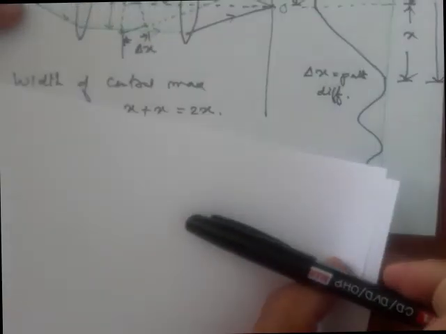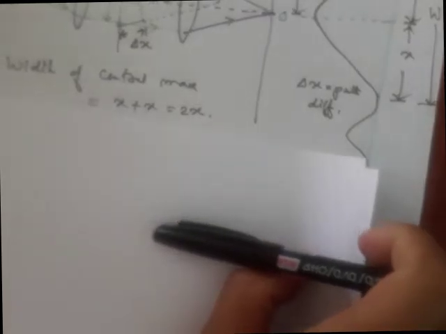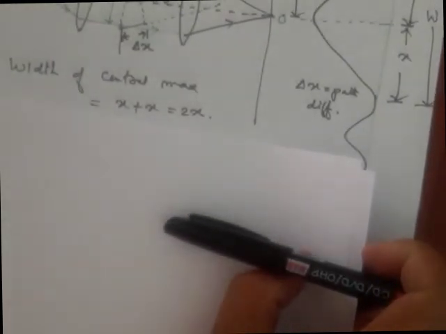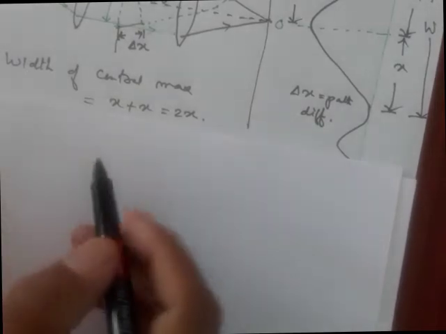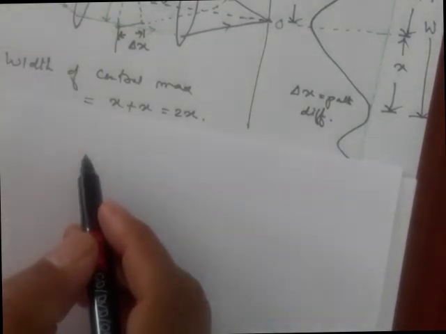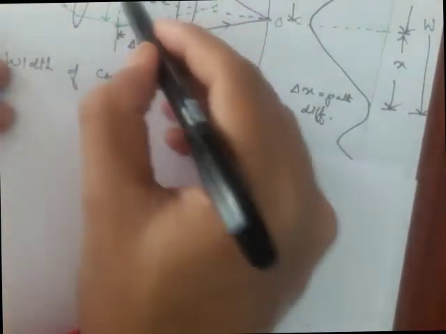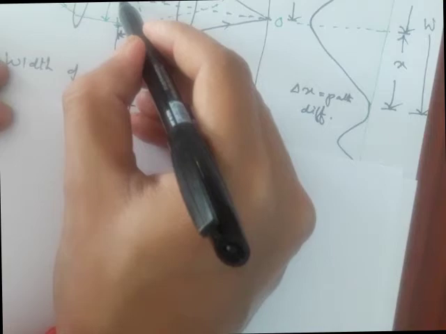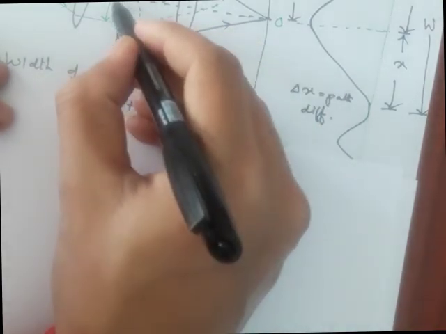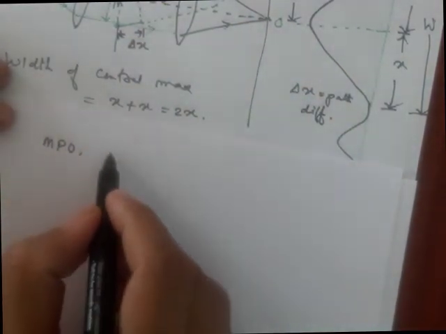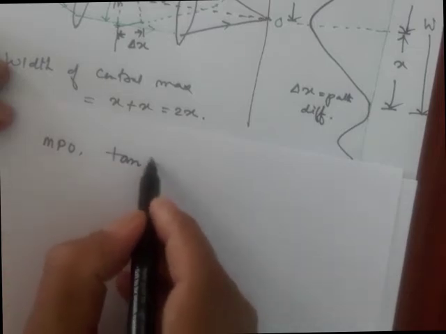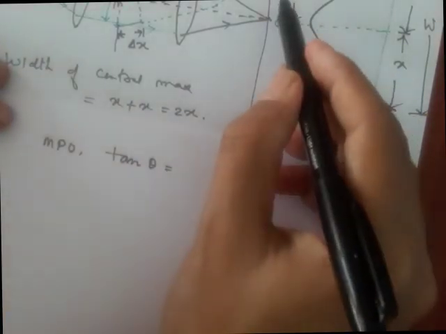We'll be referring to the figure one more time. Coming to the figure again, we have a triangle here. Name this triangle M, for example. In the triangle MPO, if you apply tan theta, it is going to be perpendicular by base.